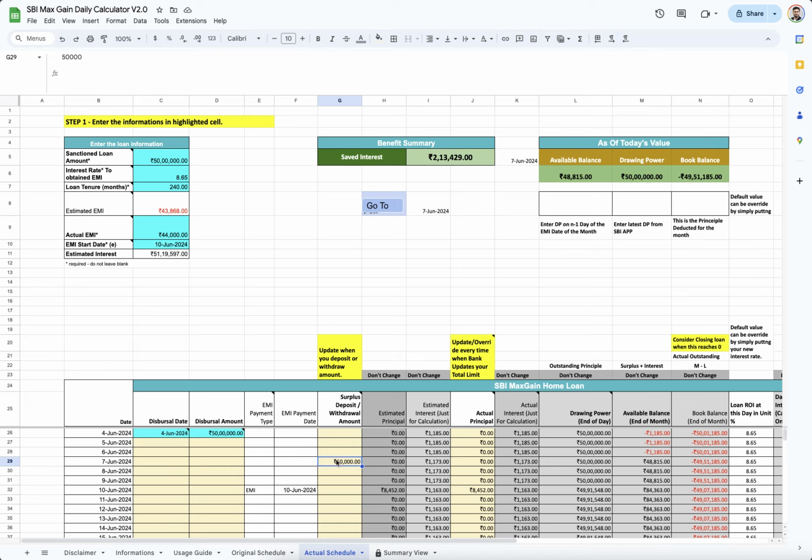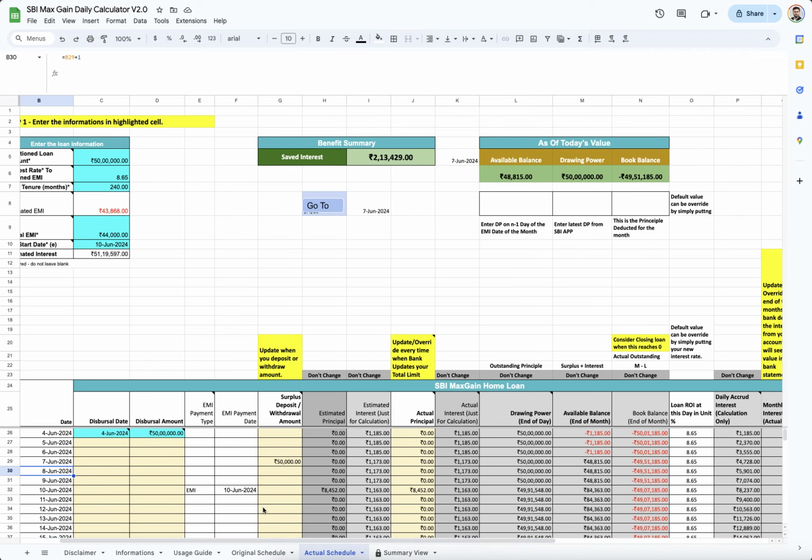So this is one way to enter your surplus and withdrawal amount, and that's what we saw earlier. But this is the actual sheet, where you will update all these transactions. You have to be disciplined in order to make changes for all of your transaction history here, to make sure the daily calculator is up to date and shows correctly.